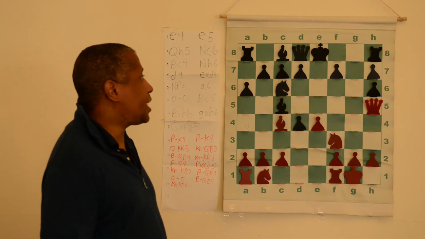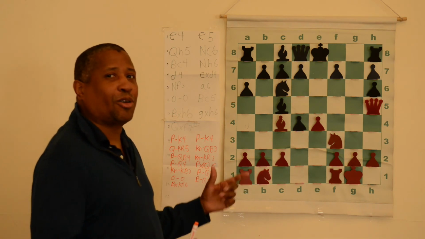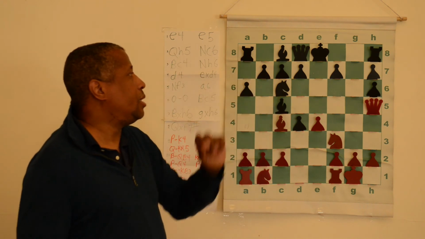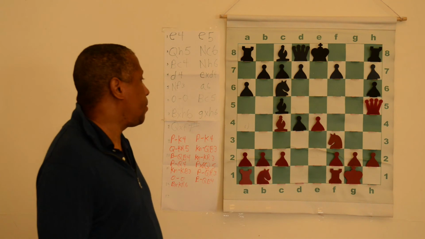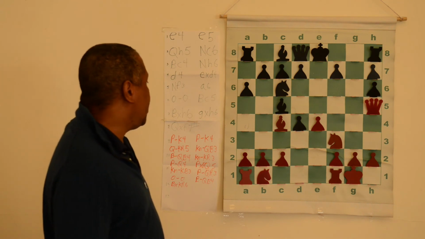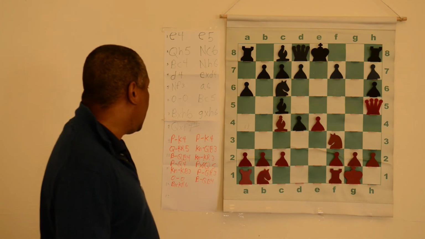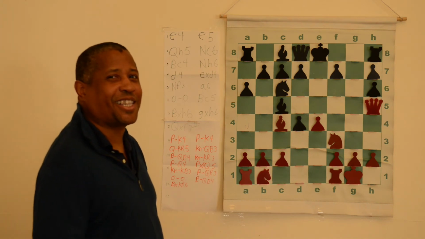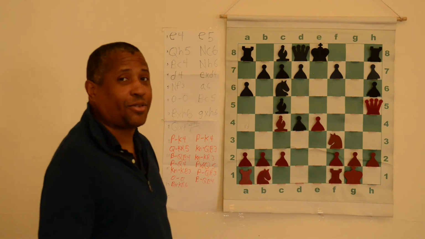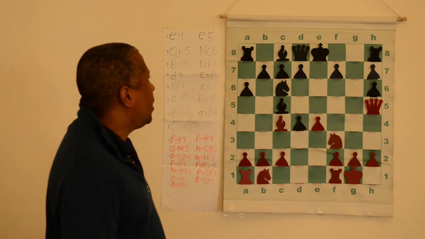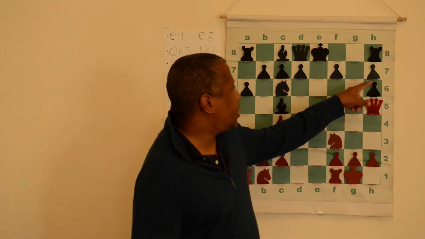So when I hear GXH6, I should be looking at H and then H8, H7, H6, and then moving the G pawn there to take. And then finally, did I even write that down? I didn't write that down. So, you see what happens? Sometimes you forget.